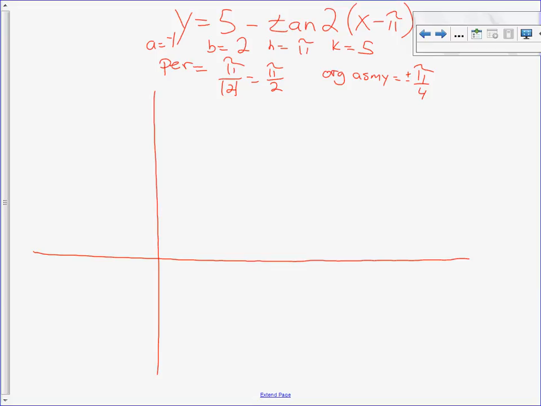All right. So first thing I do is I plot my asymptotes. So my asymptotes will be at negative pi over 4 and positive pi over 4. I'm going to be at 0.